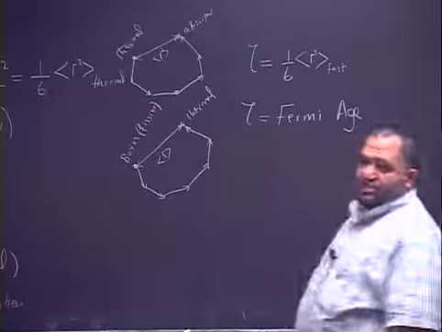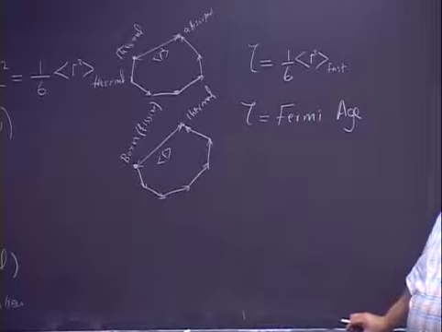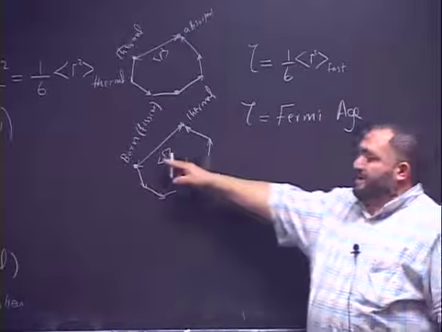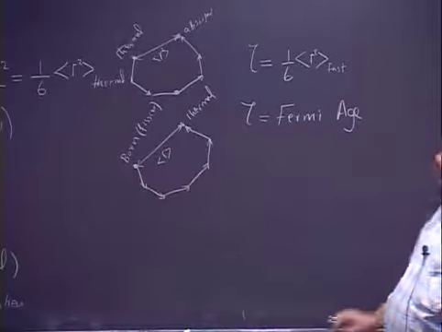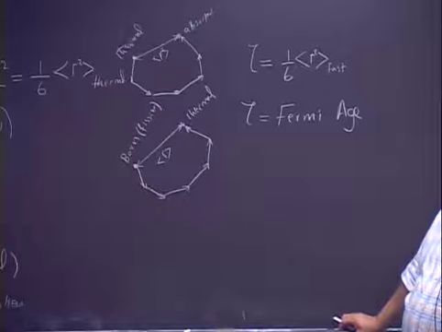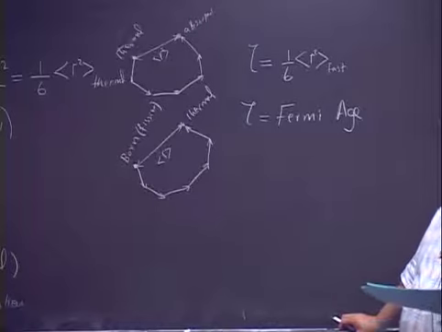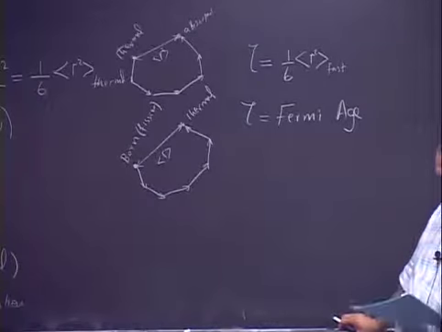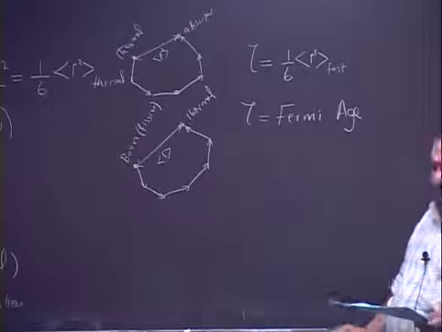So Fermi age is defined as 1/6 of the average of the square of the crow flight distance that the neutron will take from the moment it is born as a fast neutron until the moment it gets into the thermal energy region. So this is what we call the Fermi age.